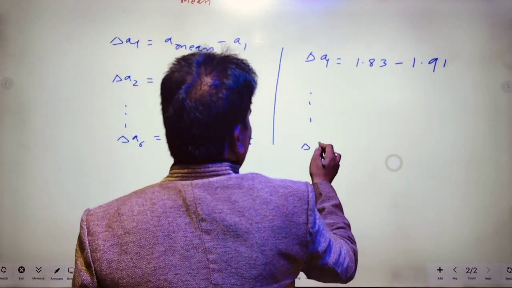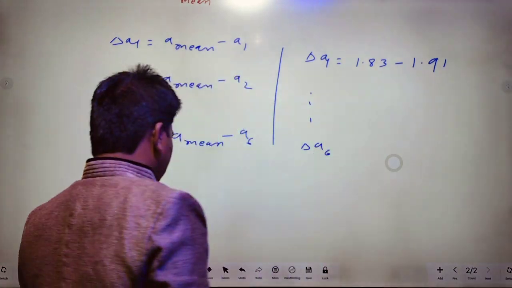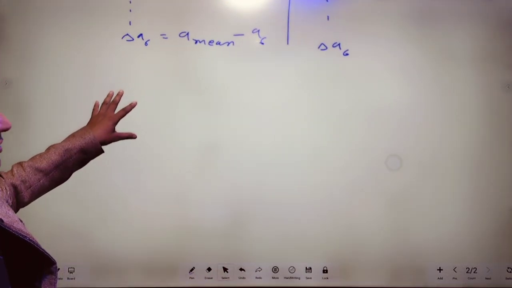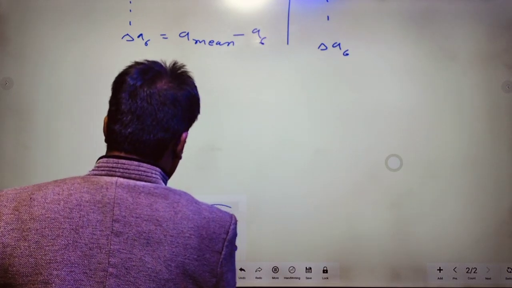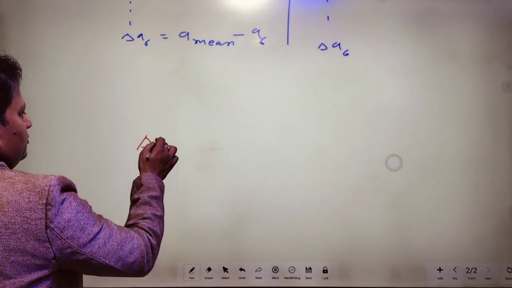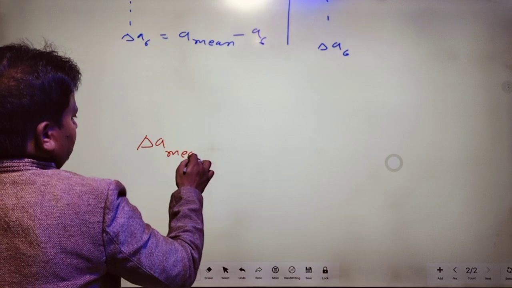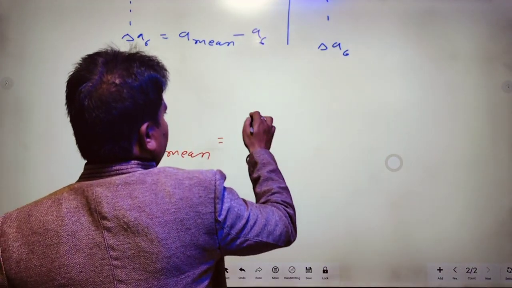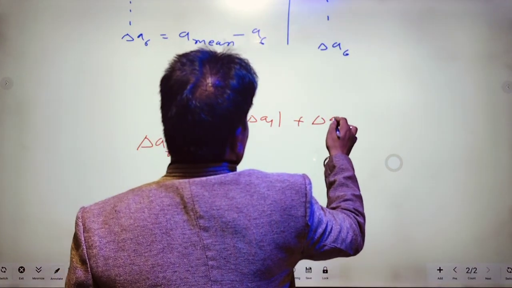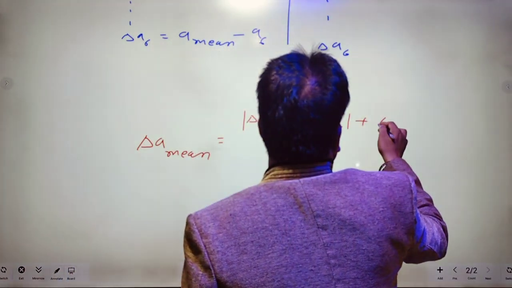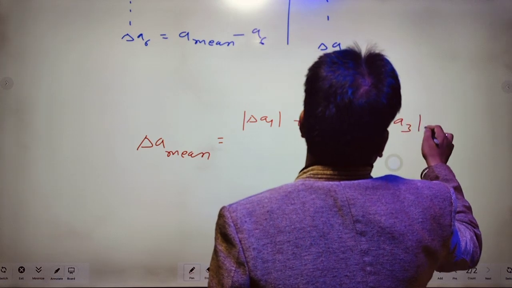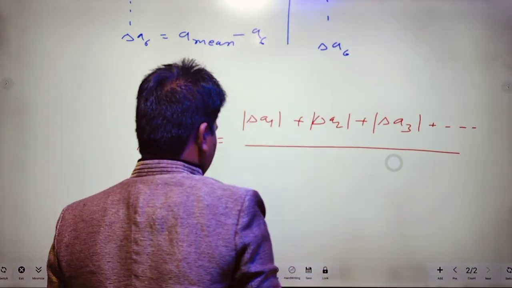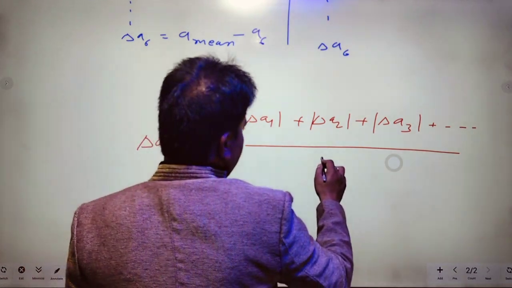Now I am going to take the mean value of these absolute errors. Mean value of absolute errors is defined as modulus delta A1 plus modulus delta A2 plus modulus delta A3 and so on, upon n, if number of readings is n.